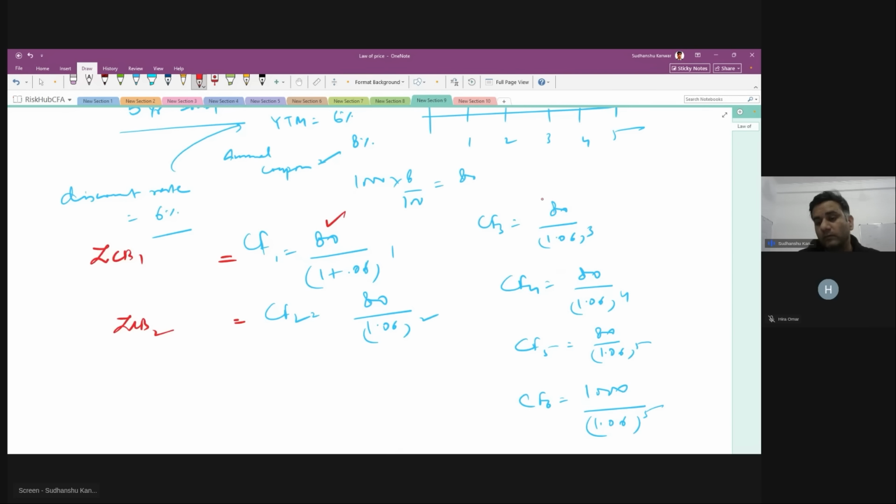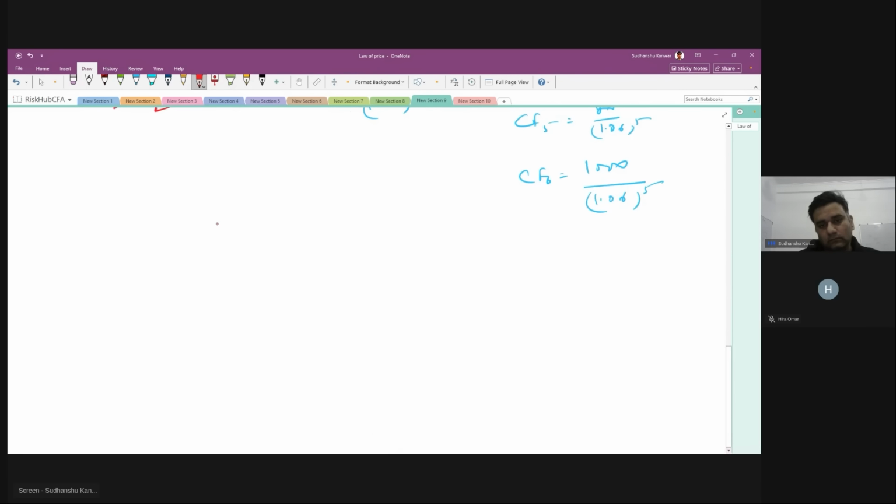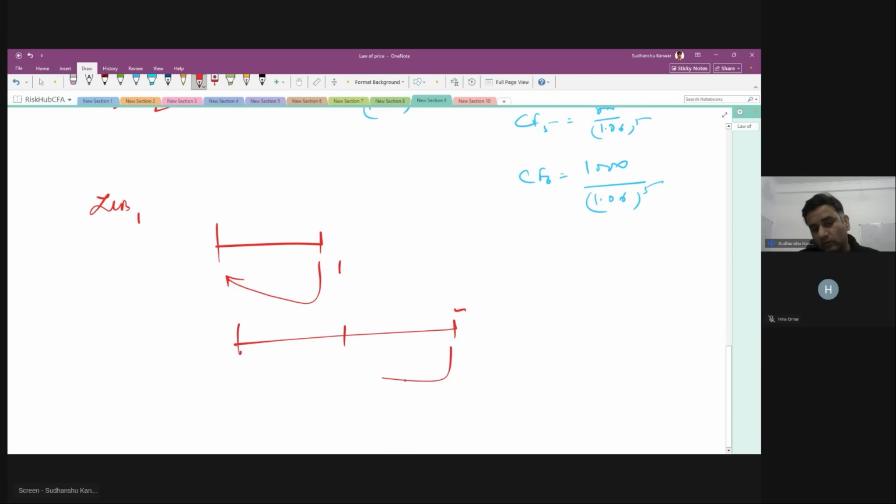Basically what they are saying is that these 6 cash flows, if you see this, this is discounted like this, so consider it as ZCB1. Next, the second cash flow is discounted like this, put this as ZCB2. Third cash flow, discounted like this, count this as ZCB3.